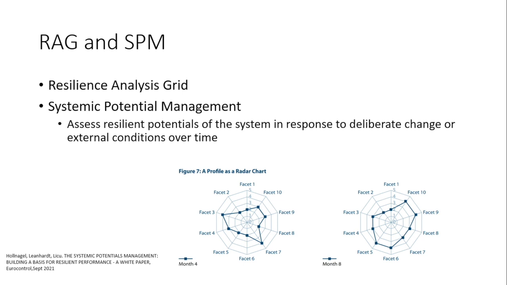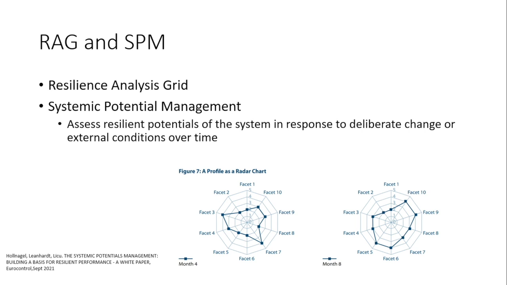One on your left is month 4, one on your right is month 8. So you can see how the various facets have changed over time. And this is a generic one, not specific for any particular potential or any particular system. But you can see where things have, if you will, improved or become perhaps more capacity, and where there's less capacity than there was originally.